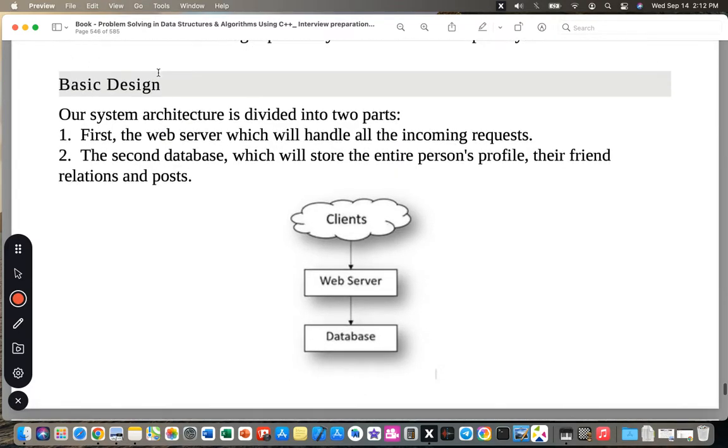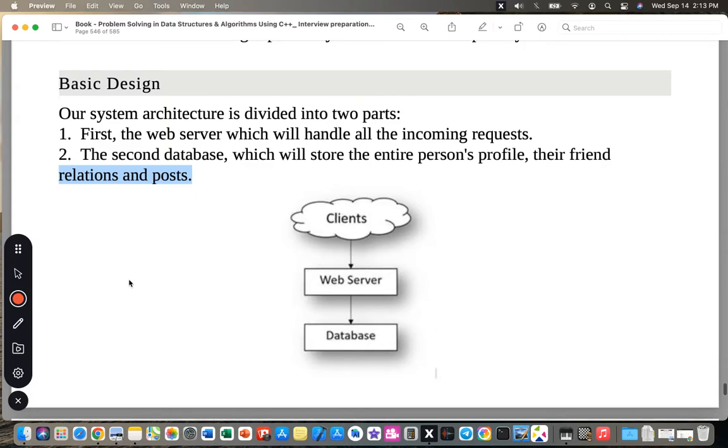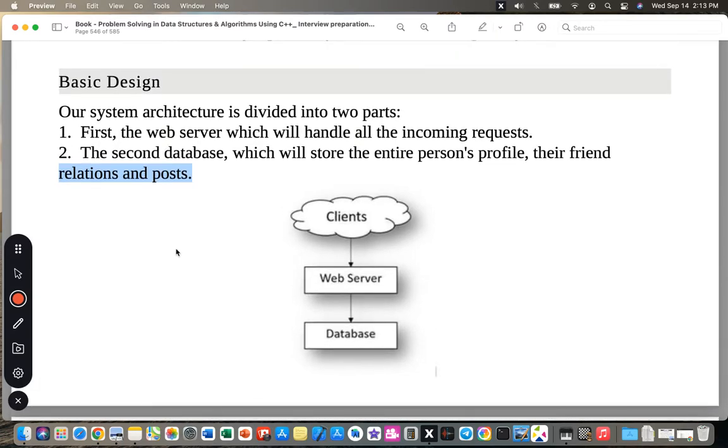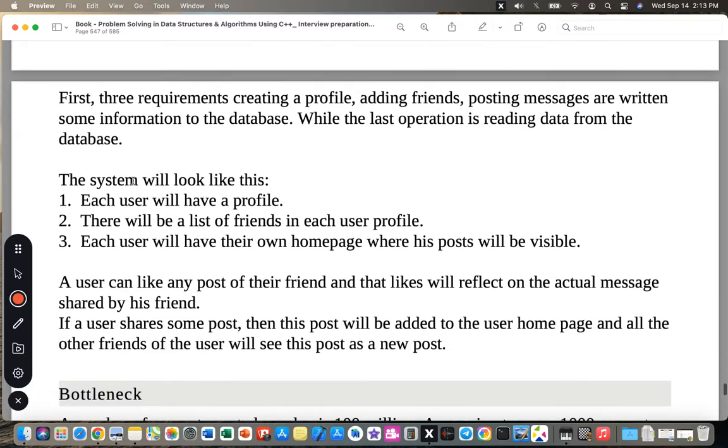For the basic design of the Facebook system, our system architecture is divided into 2 parts. The web server, which will handle the incoming requests. Then the second part is the database, which will store the entire person's profile, their friend relationships, and posts. So just one application, just one website. And once you create an account, you start accessing the database through the web server, through the front end.